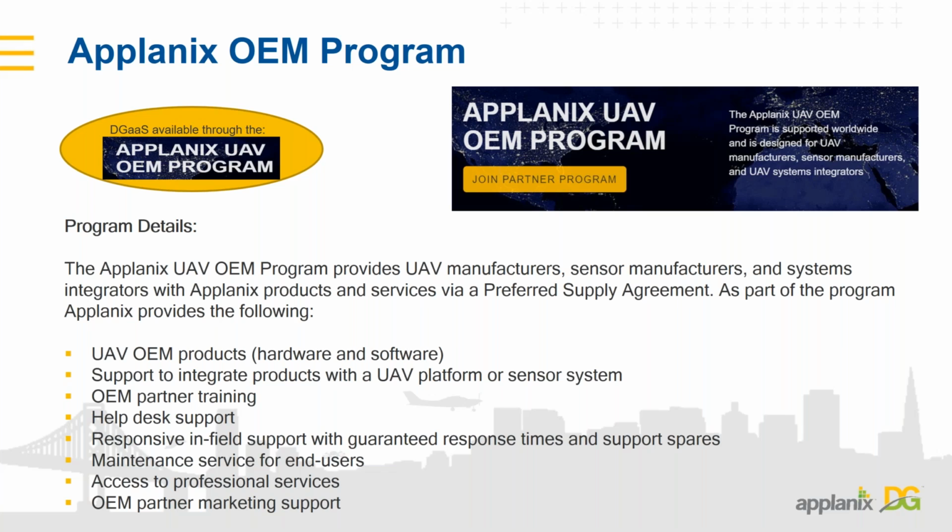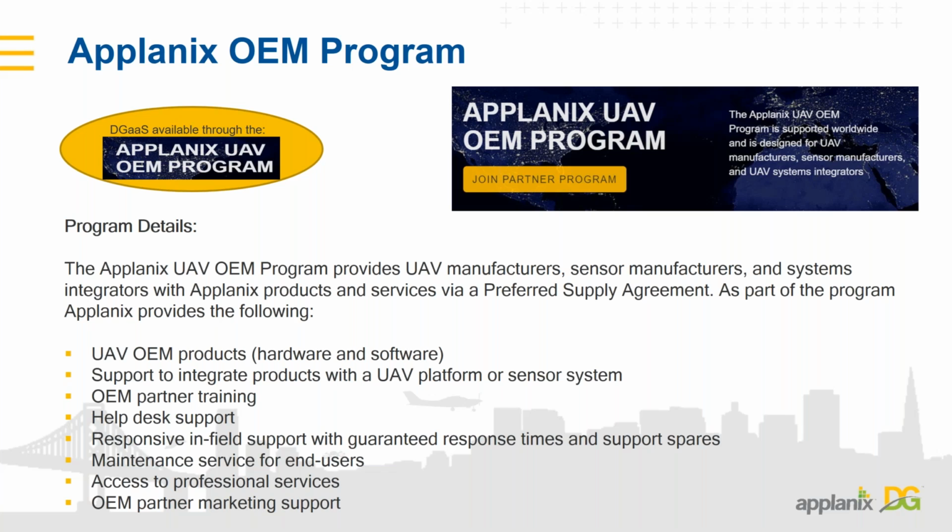We provide support to integrate the products into the UAV platforms. So we provide the engineering support. Our goal here is to make sure that every implementation of the technology is successful. And so our engineers get directly involved with making sure that we relay information such as how-to and best practices and those types of things to our OEM partners.